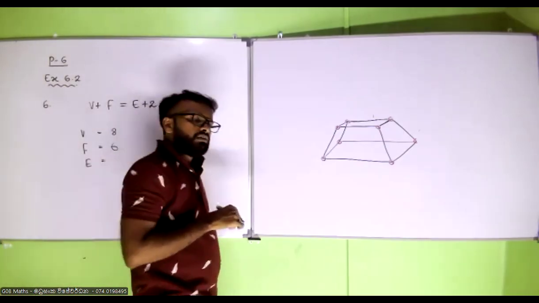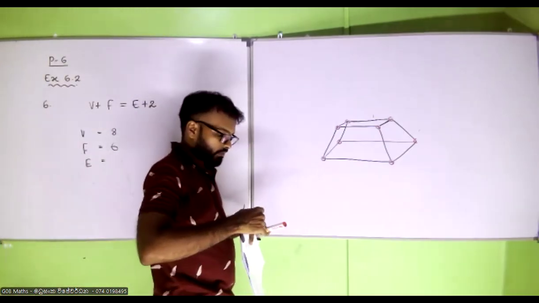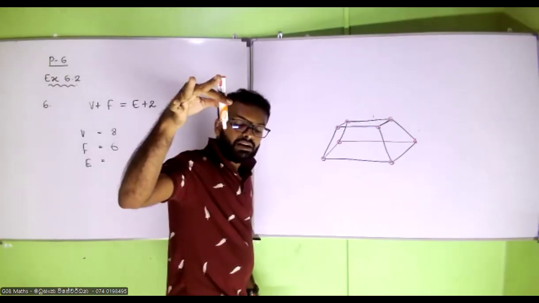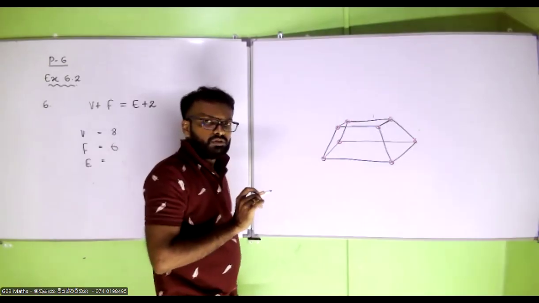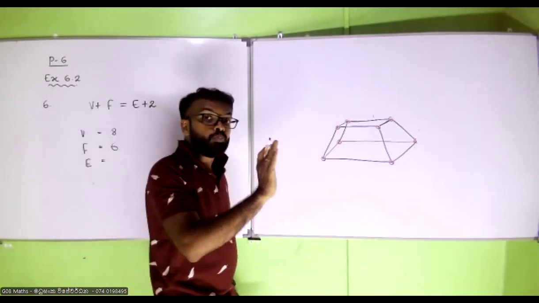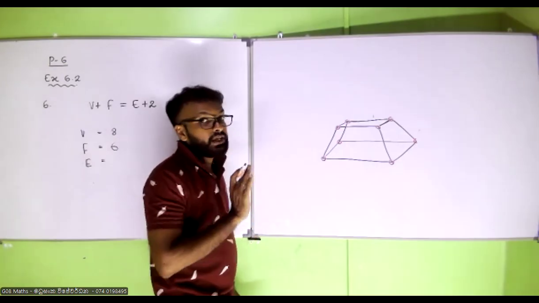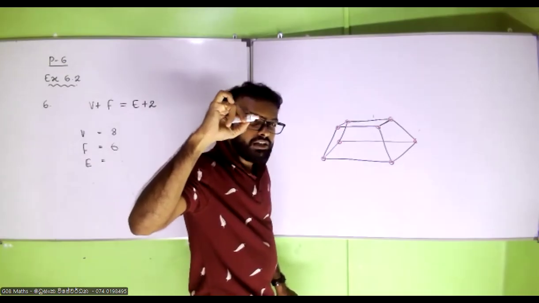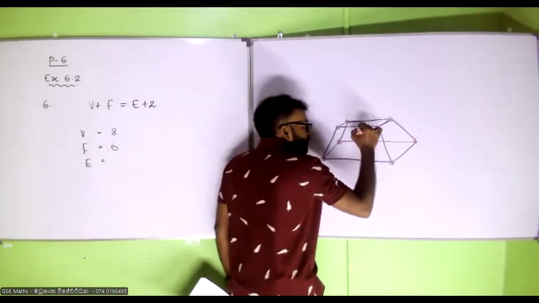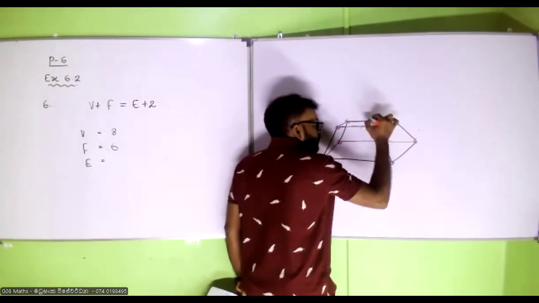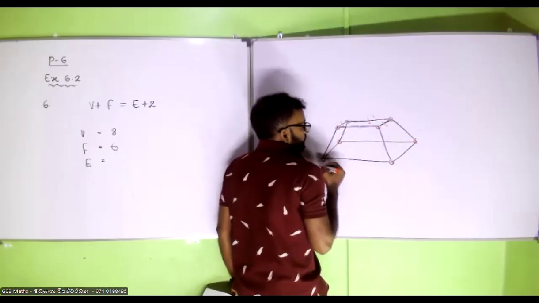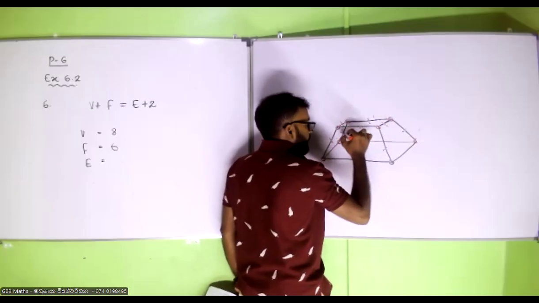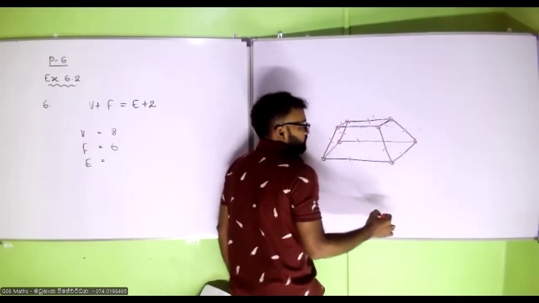How many edges are there? I am going to count it. I am using my pencil and marking it so that I won't get any duplicate count. 1, 2, 3, 4, 5, 6, 7, 8, 9, 10, 11, 12.